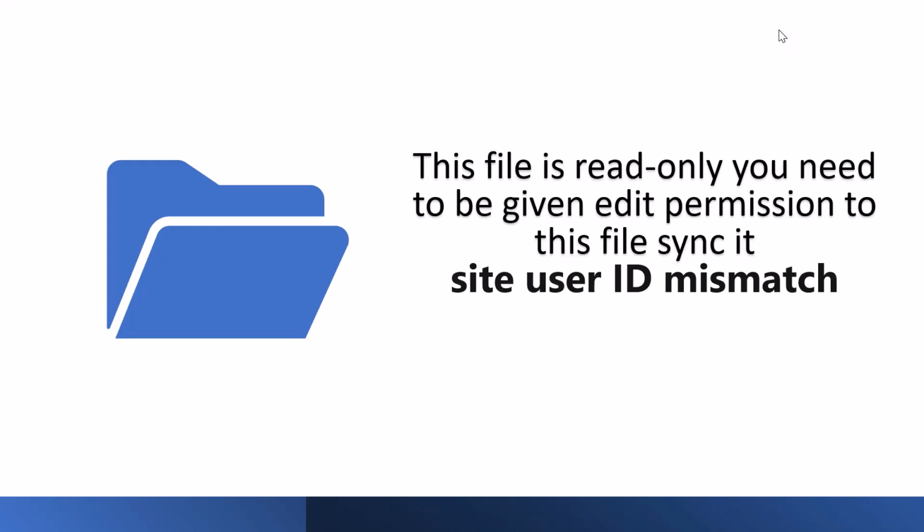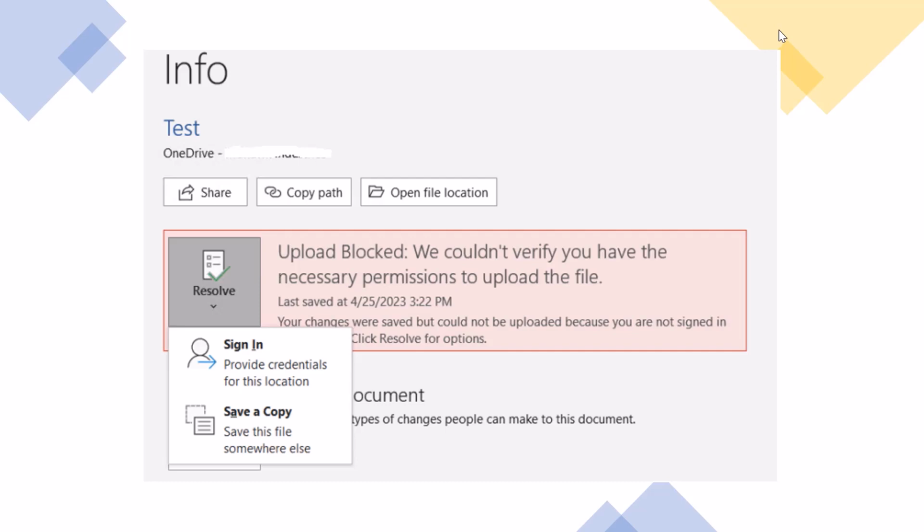When saving any file, Excel, Word, PowerPoint, into the OneDrive folder configured in your system as the OneDrive client application, you get this error: Upload blocked. We couldn't verify you have the necessary permissions to upload the file.